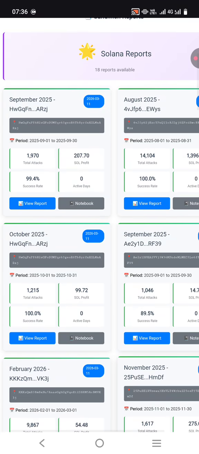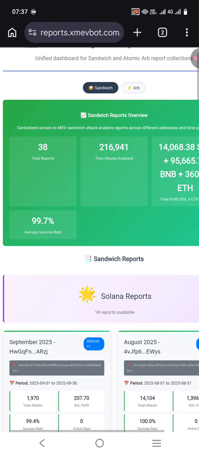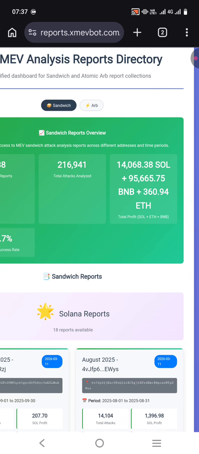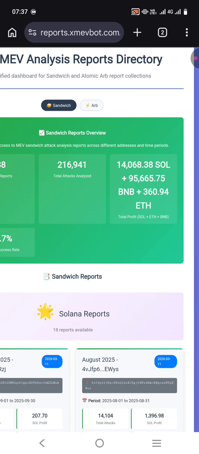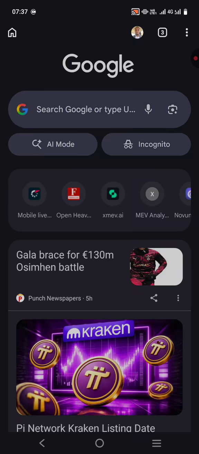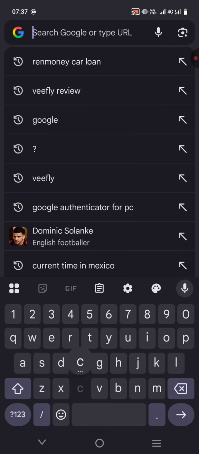If I should give you the total figure, look at it right here. The summary of all the profit of the one on Solana, the one on BNB, the one on Ethereum. Let's just go to CoinMarketCap so that we won't be guessing things.